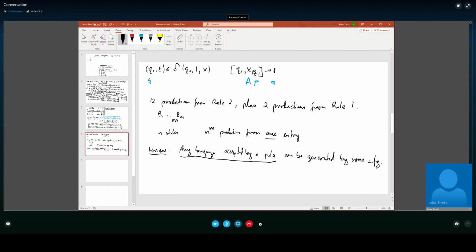And of course, the converse is also true. Any language generated by a context-free grammar can be accepted by some push-down automaton.